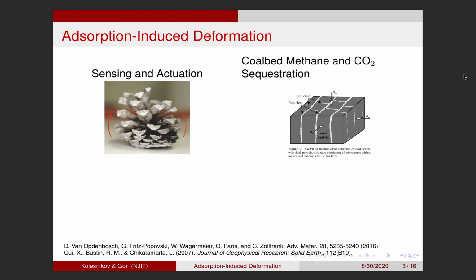CO2 will be preferentially adsorbed, methane will be desorbed, we'll get methane, we'll get rid of CO2, but in this process the stresses in the system change, and the fractures in this coal system close, and the adsorption-induced deformation, in fact, significantly complicates the methane extraction process.